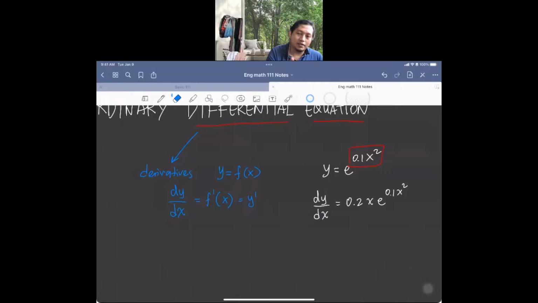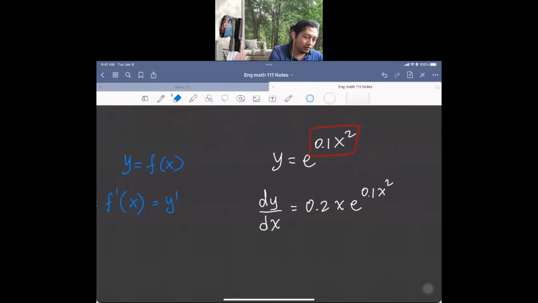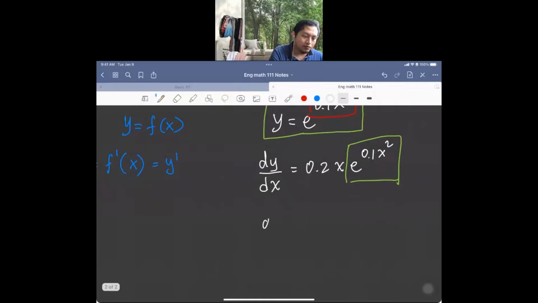So we can see that y equals e to that power, and by the end of the day, we can write the whole equation as y prime equals 0.2 x y.